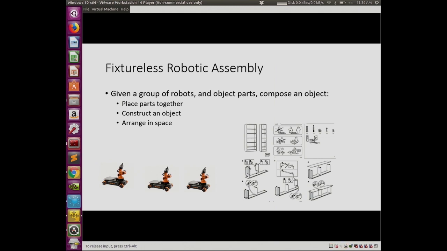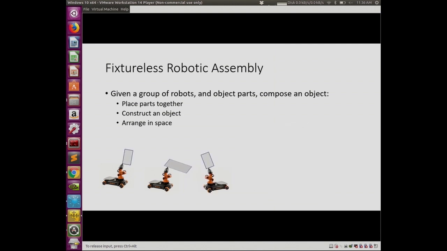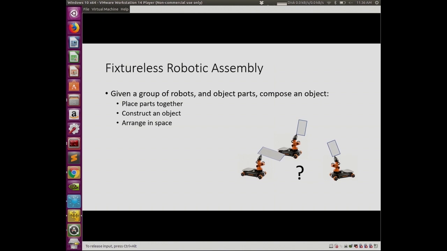In fixtureless robotic assembly, we are given a group of robots and a definition of a product. And given object parts, we would like to compose an object. We would like to instruct the robots how to place parts together, construct the object, arrange parts in space. And we need to plan for it.